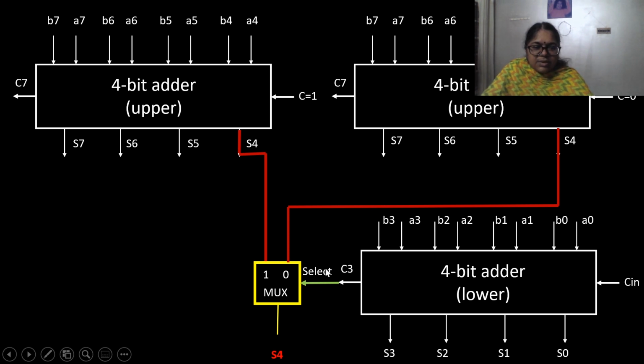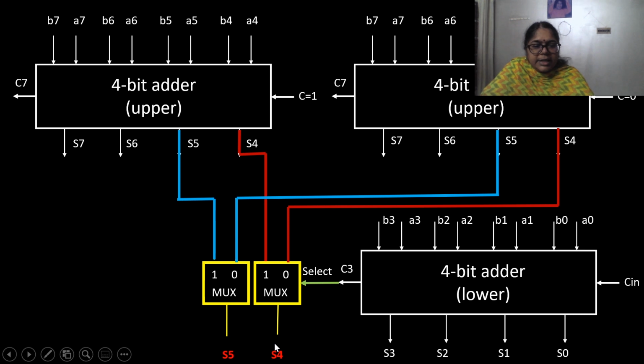So if C3 is equal to 0, S4 of this first block would be considered as the final sum. Similarly, if C3 is equal to 1, then S4 of the second block would be considered as the output.